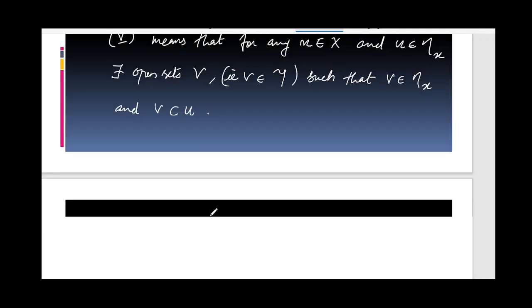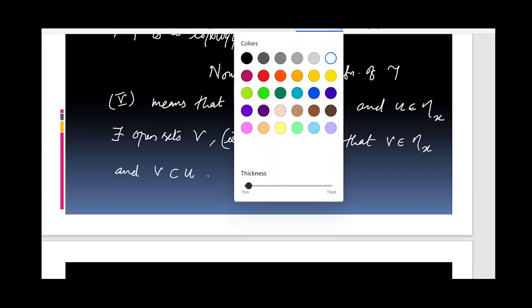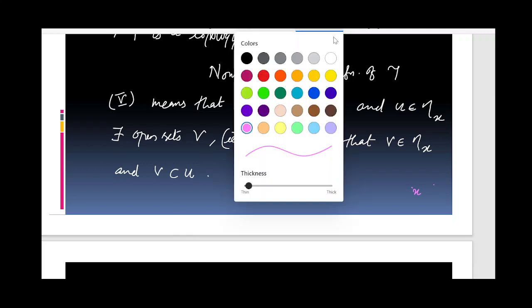In order to make it clear, suppose you have an x here and we have a lot of neighborhoods.